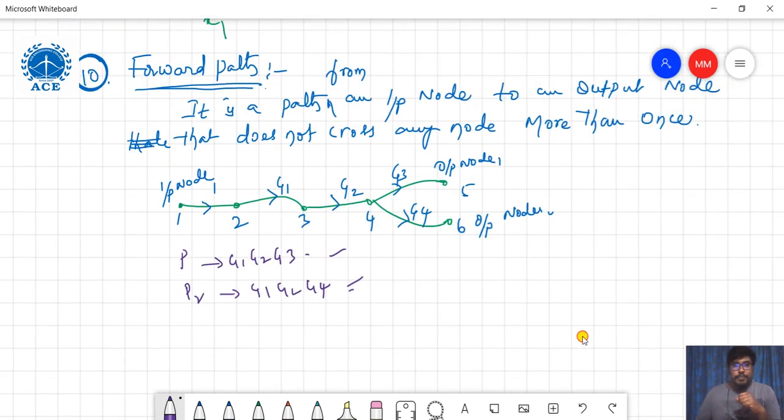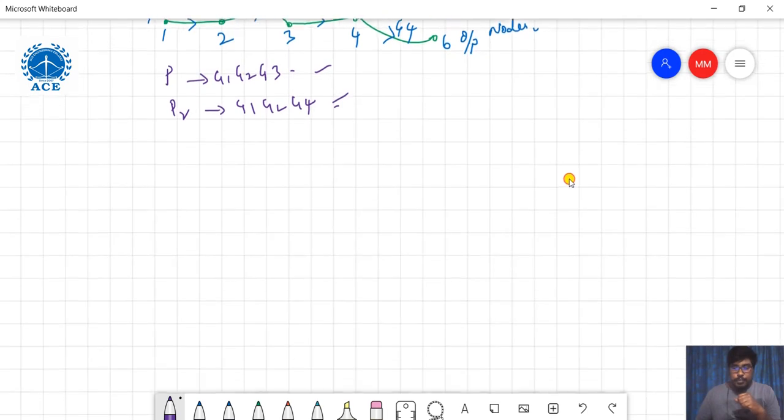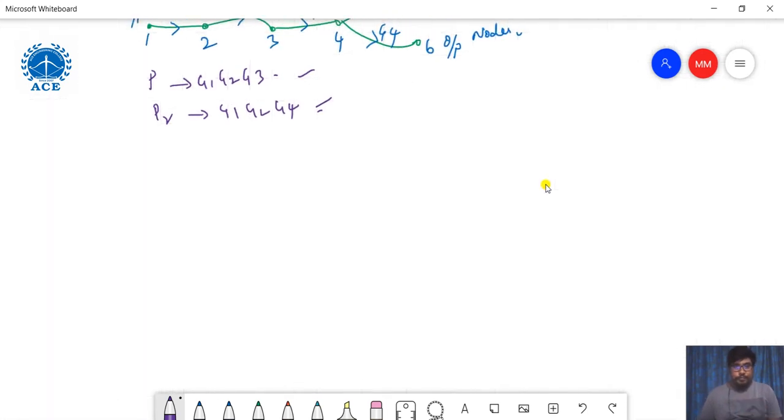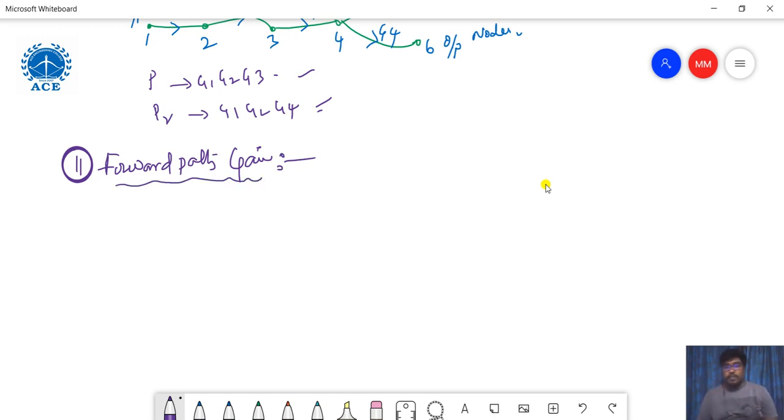Okay, the previous one is 10th one, so we'll see the 11th one. Now forward path is over, then we'll take forward path gain. Now we'll see the forward path gain.